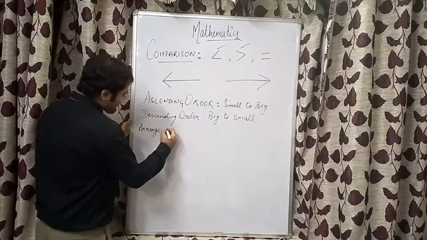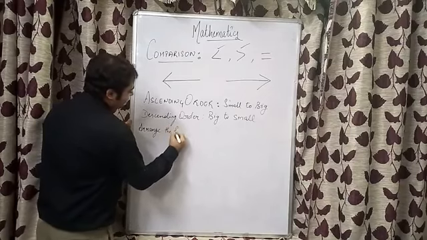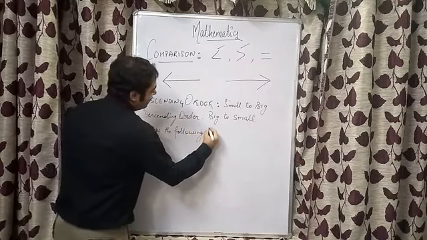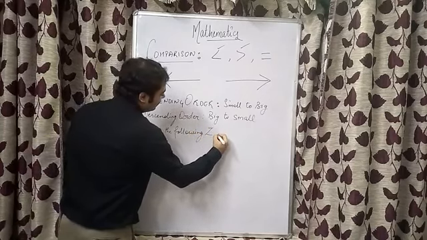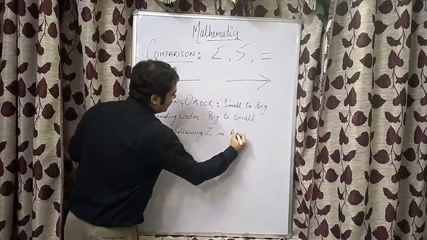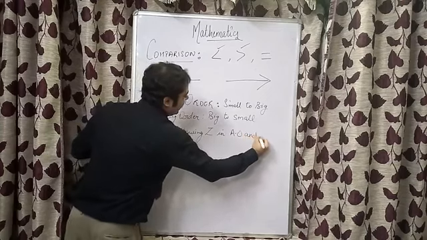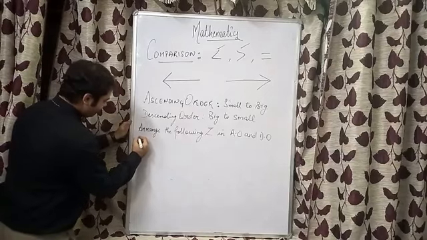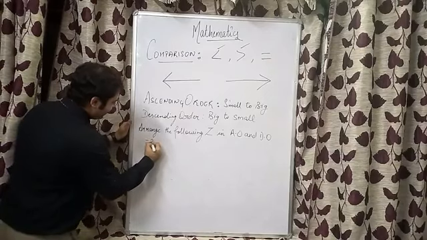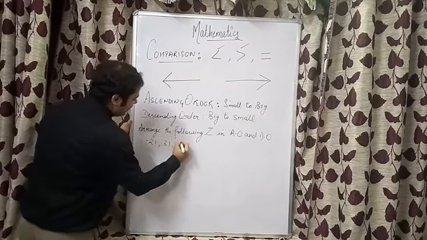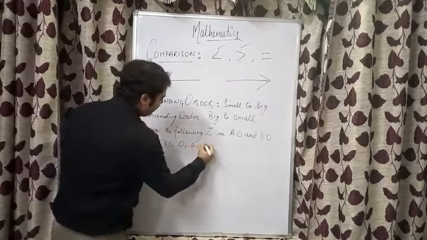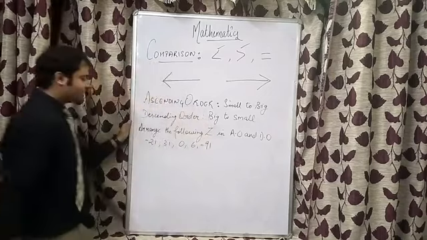Arrange the following integers in ascending order and descending order. Minus 21, 31, 0, 6 and minus 91, suppose.